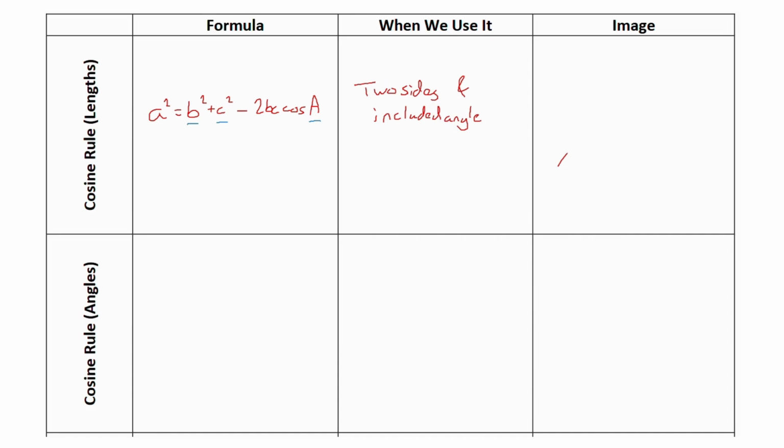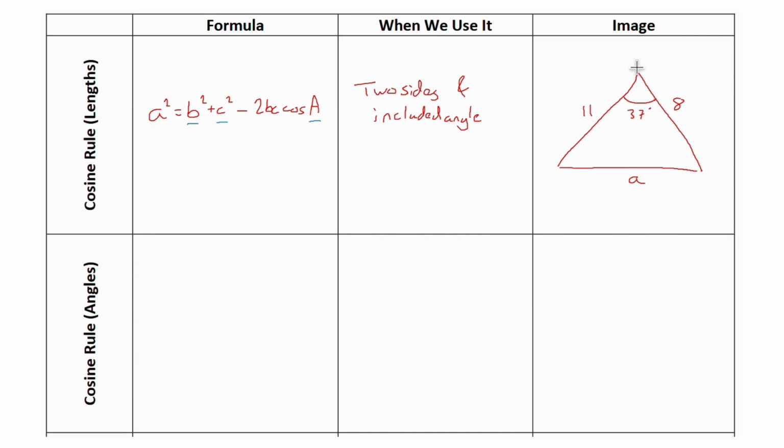So an example might be a triangle like this, where we know this is 11, this is 8, and this is 37 degrees. And we would be finding this length here, which I will call A, to match up.